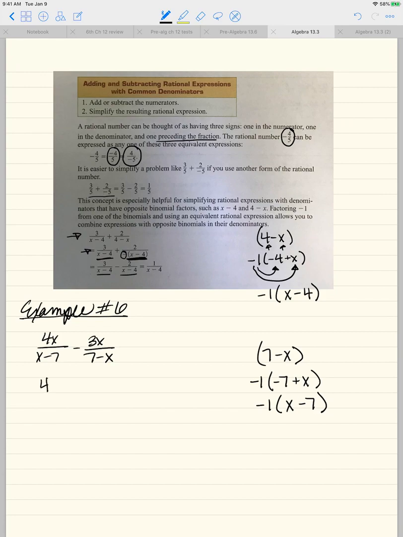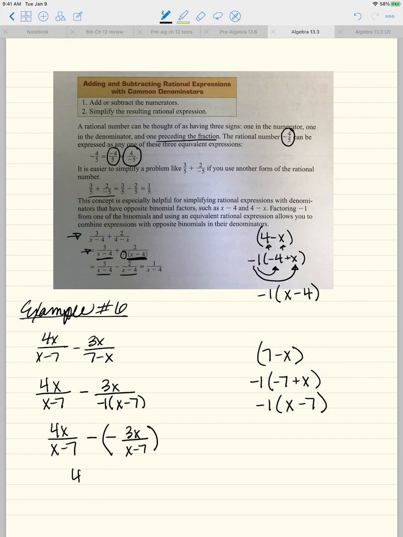So now what I end up with is 4x over x minus 7 minus 3x over this -1 times x minus 7, okay? I'm going to take that negative and put it preceding this entire rational expression. So what's going to happen in this case is I'm going to have 4x over x minus 7 minus 3x over, and I'm just going to write x minus 7 and forget writing that -1 in front anymore because I've moved the negative.